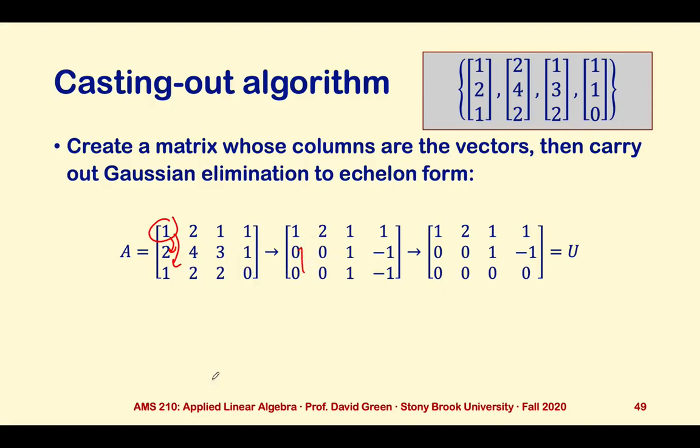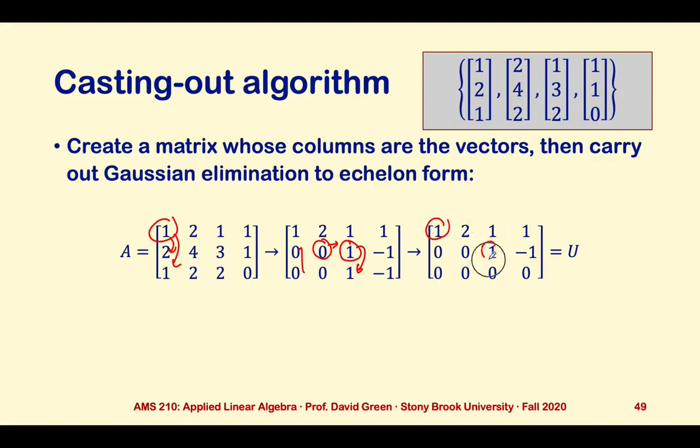We've zeroed out underneath the first pivot, so we move over and down. We have a 0 with only zeros below. So we shift over to our next column and use this as our pivot to eliminate downwards. The third row is a scalar multiple, in fact identical to the second row, and so when we do that, we're going to end up with a row of all zeros.